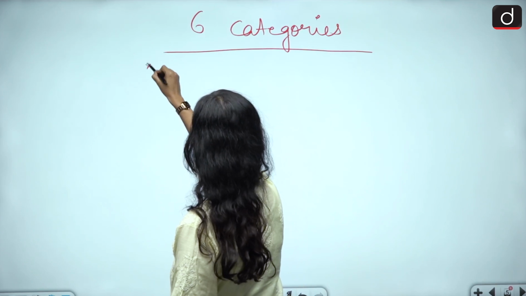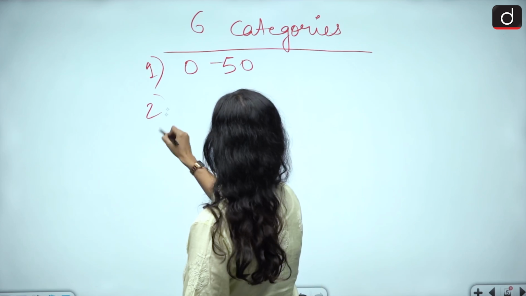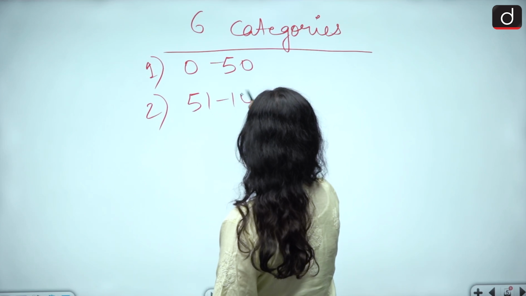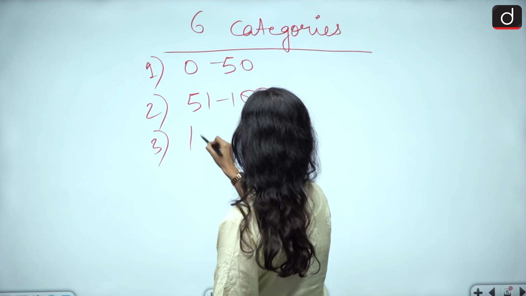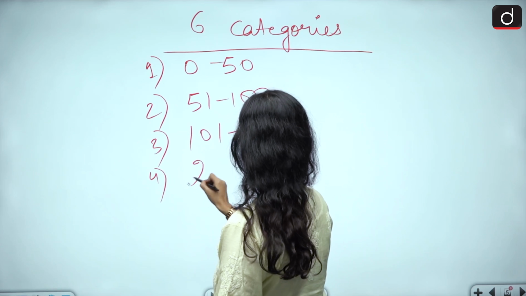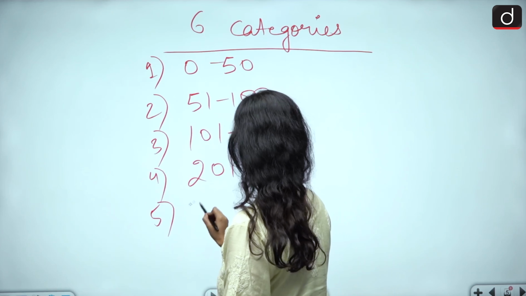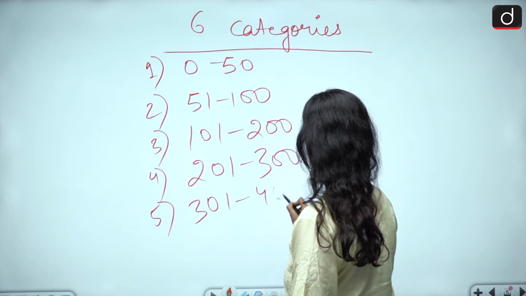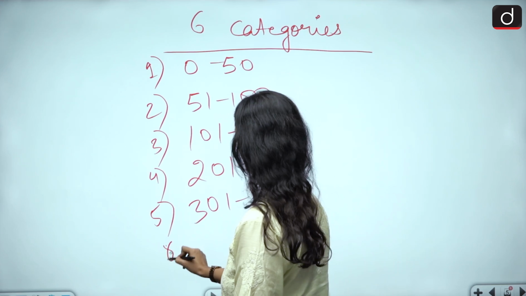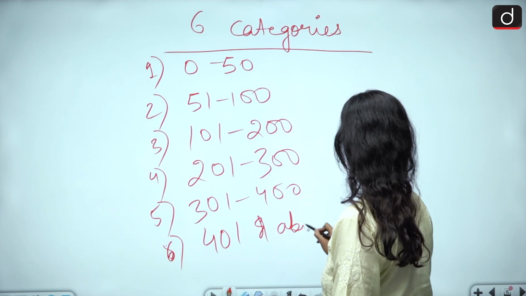What are these categories? First is 0 to 50, 51 to 100, 101 to 200, 201 to 300, 301 to 400 and 401 and above.